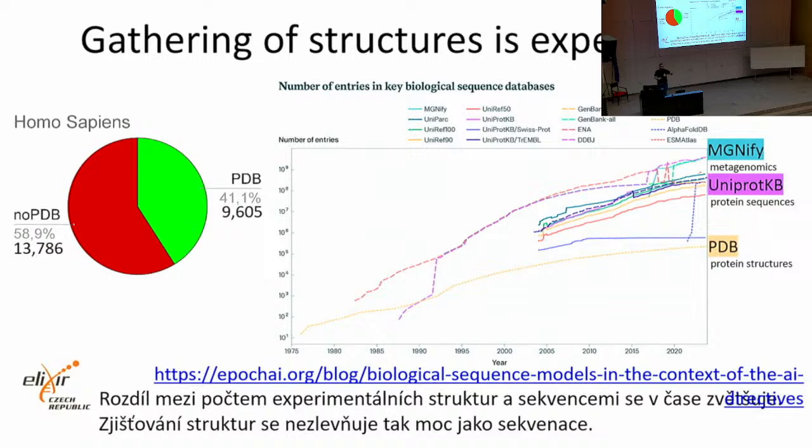Well, rather less, it's 230,000. But with protein sequences, we are at 600 million. And if you are going for the genomic information from metagenomics, it's even 1 order of magnitude higher.